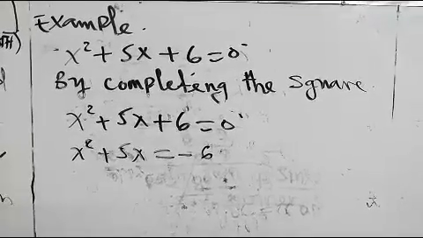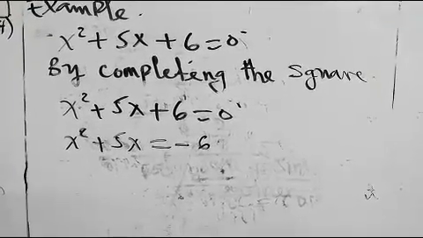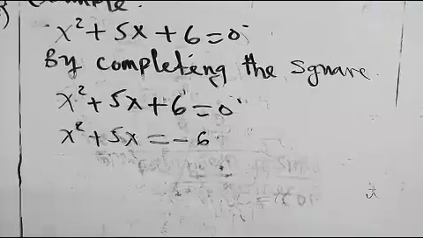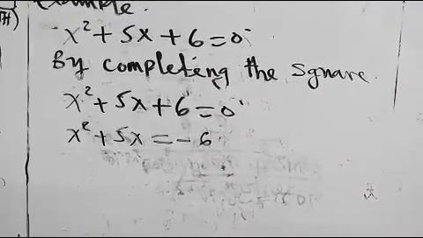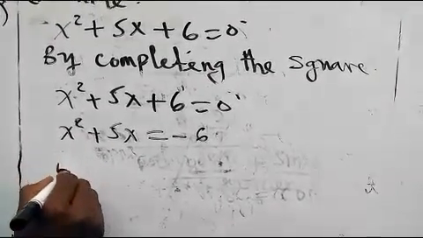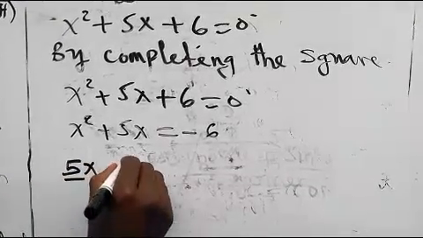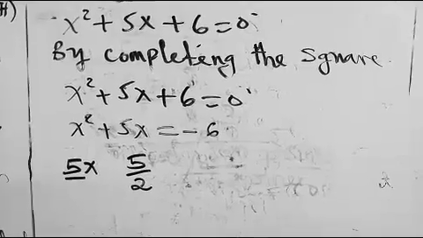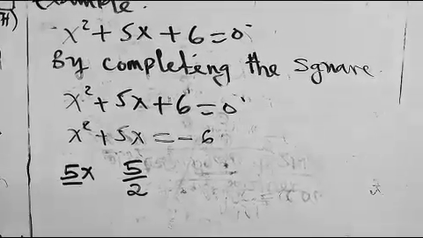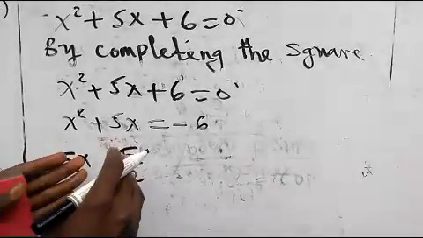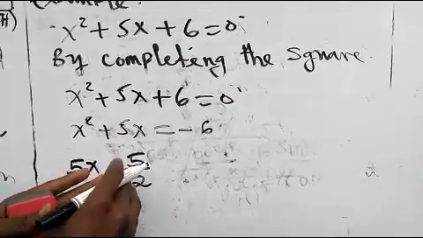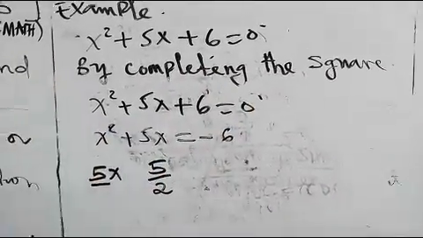We state that we are going to add half the square of the coefficient of x on both sides of the equation. Now our x has a coefficient of 5. That means 5 divided by 2 is the half of 5. So we are going to add half the square of this term of x on both sides of the equation.